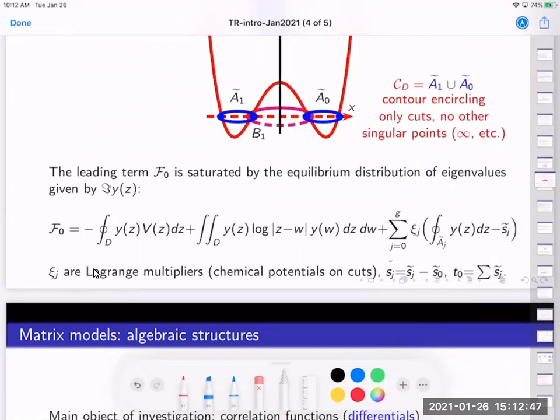We also introduce these terms. So basically, these terms serve to fix the number of eigenvalues living at every interval of the distribution.